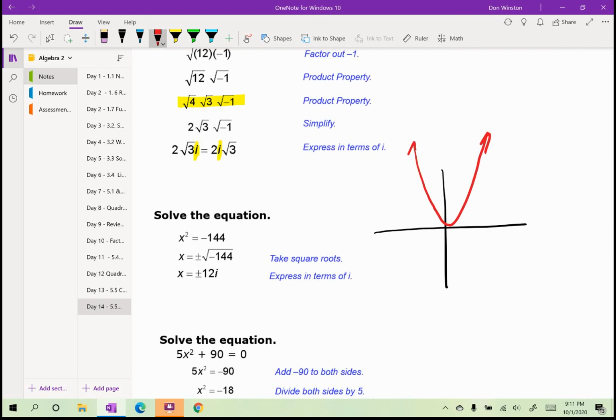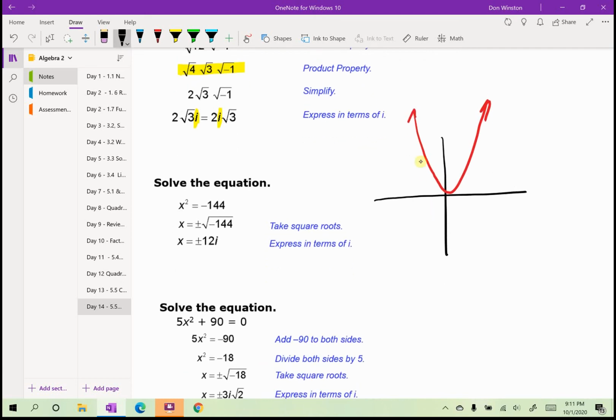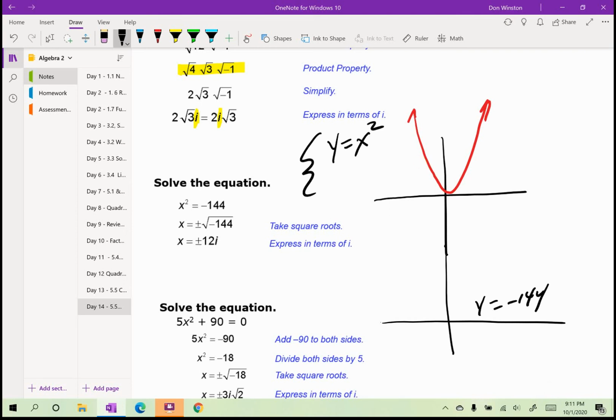But then we're saying, where does that function cross the line y is equal to negative 144? Well, that would be way down here somewhere. So what we really have is a system of equations. We have y is equal to x squared, which is that parabola, and then we have y is equal to negative 144. And they will never cross.